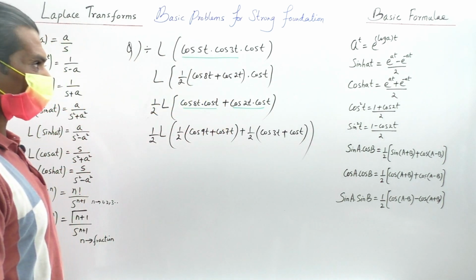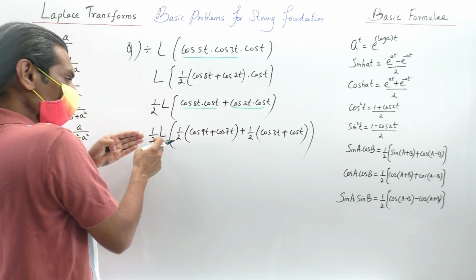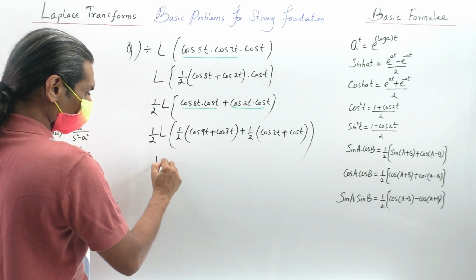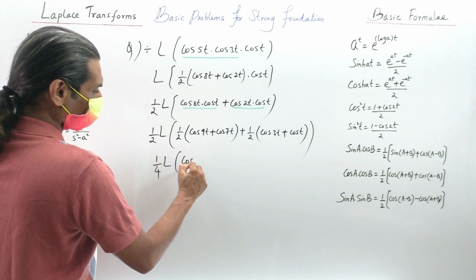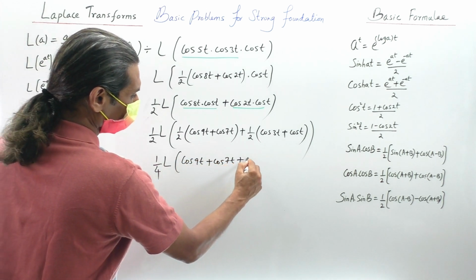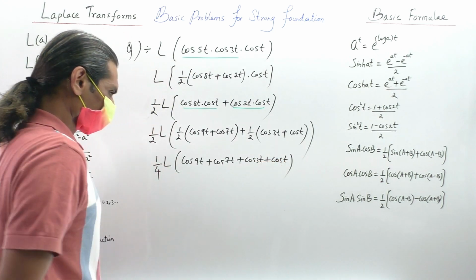Okay. Now see, it's standard. Now what I do, I take this 1 by 2 common outside. 1 by 2 into 1 by 2, 1 by 4. Laplace of, write down all these terms here, cos 9t plus cos of 7t plus cos of 3t plus cos of t.